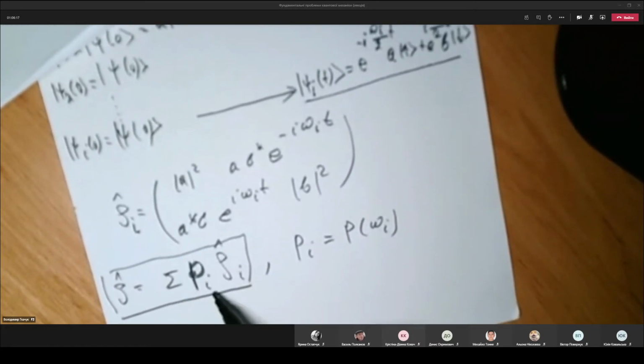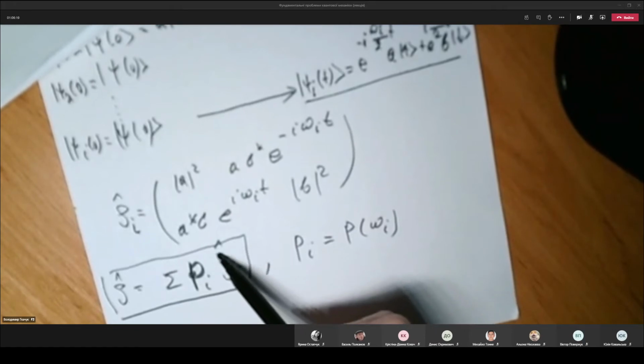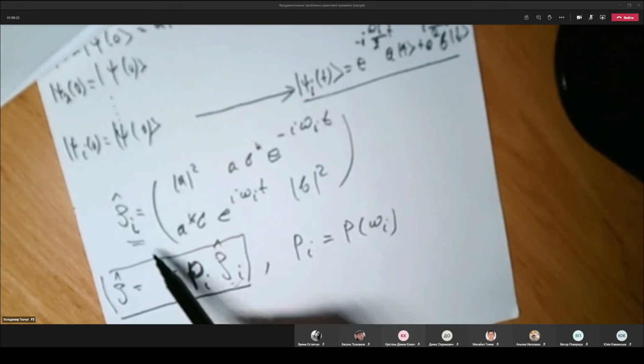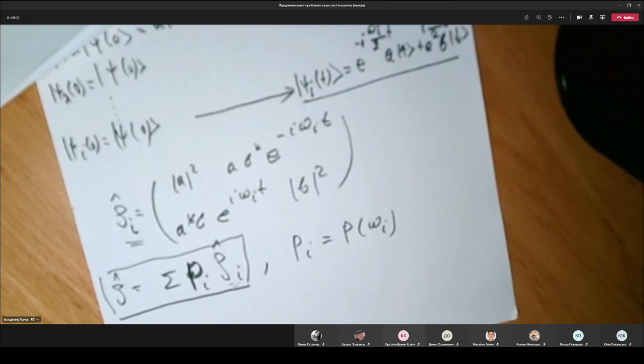It is a mixing of pure states, rho I, each describing a pure state. But here we have a mixing of these pure states. The situation is very similar to what we used when we considered mixing of pure states, and when we obtained the density matrix corresponding to a mixed state.